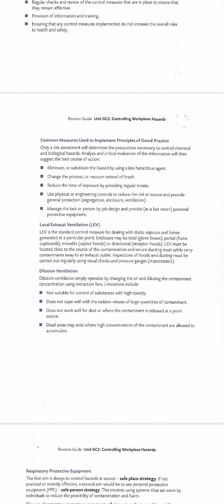Directional, then must be located close to the source of contamination, and also secure the duct must safely carry contaminated air away to an exhaust outlet. Inspection of hood and ducting must be carried out regularly using a visual check or a pressure gauge, right?